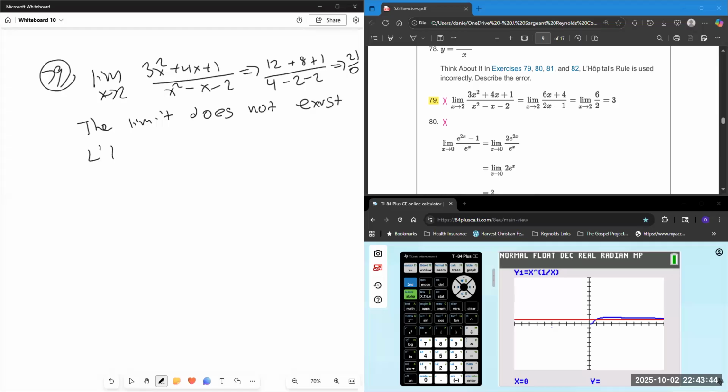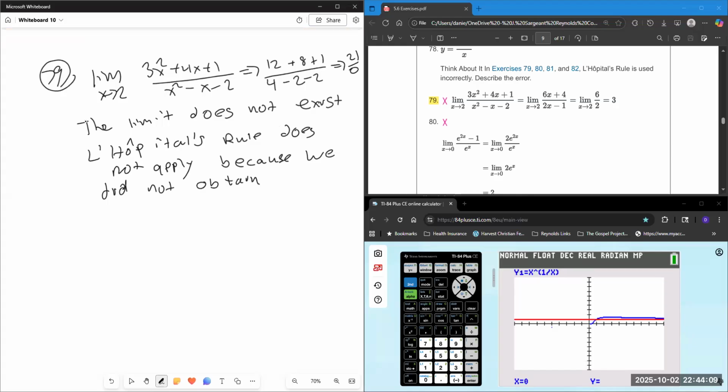And L'Hopital's rule does not apply, because we did not obtain 0 over 0 or plus or minus infinity over plus or minus infinity via direct substitution.